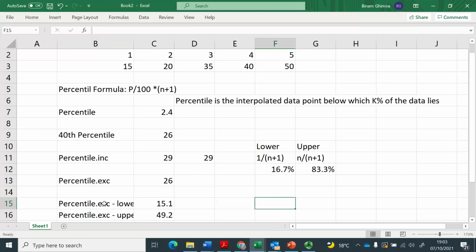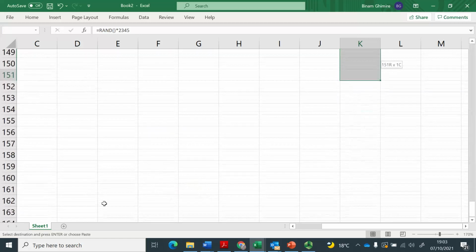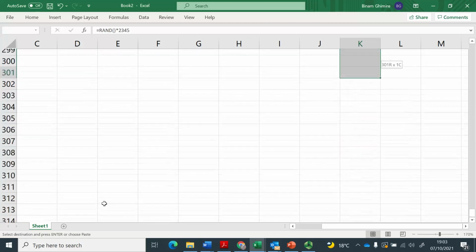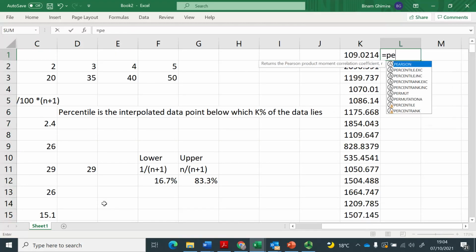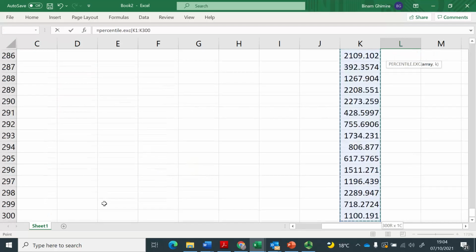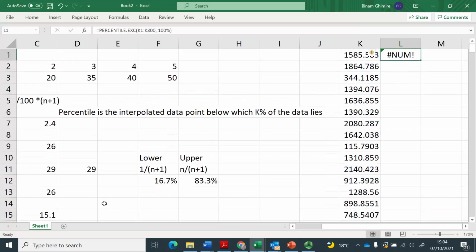Now, with this, you should also understand that if you use the EXC function, then you should not be able to get the 100th percentile. So, for example, I'm just going to make some randomly generated numbers like this one. Let's say I've got 300 points of data, and now I'm just trying to find out equal percentile.EXC, and then I say all of these and 100%, which basically means the highest number in that observation, but it doesn't give me that.